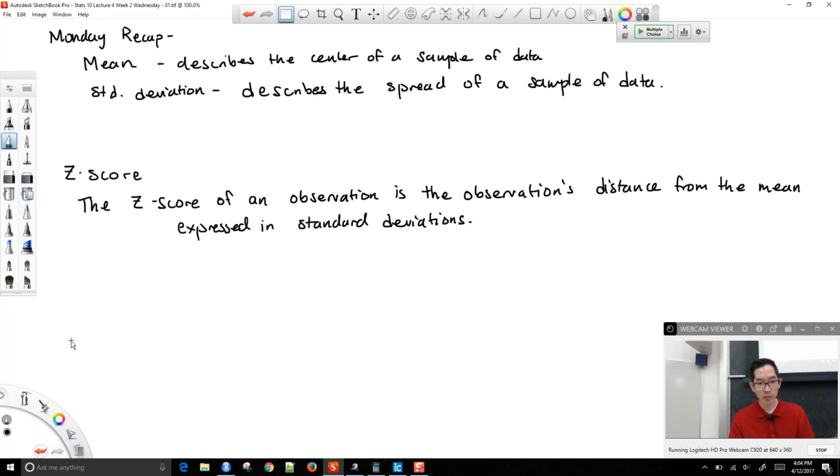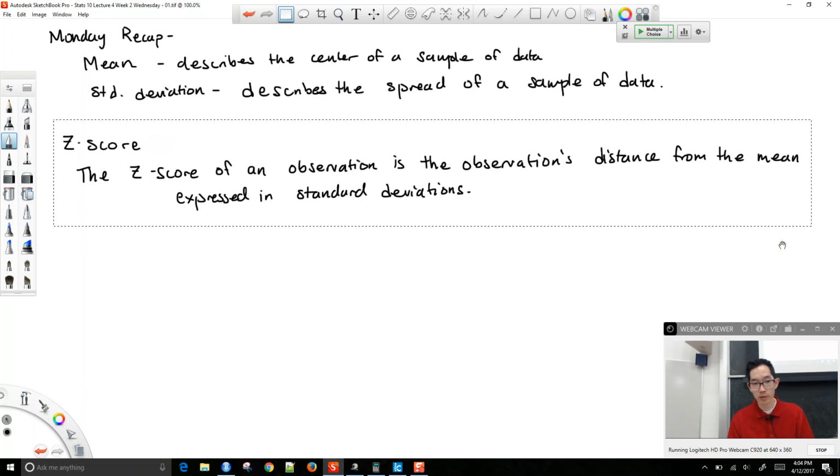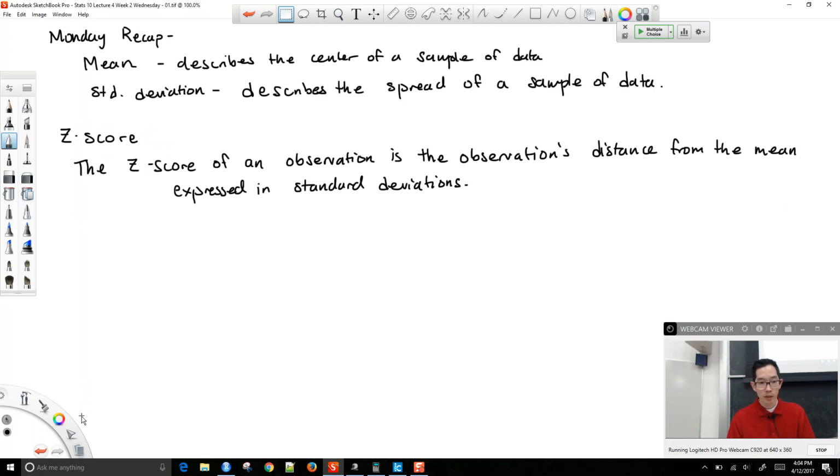Okay, so let's try an example here. Let's say in the United States, the heights of adult women have a mean of 64 and a standard deviation of 3. In reality, the numbers are different, but just for simplicity, we're going to keep these nice, simple numbers.